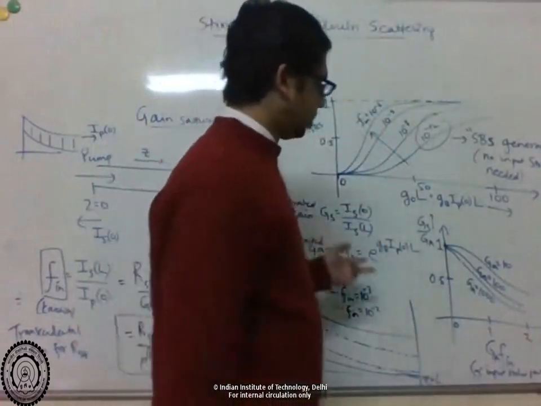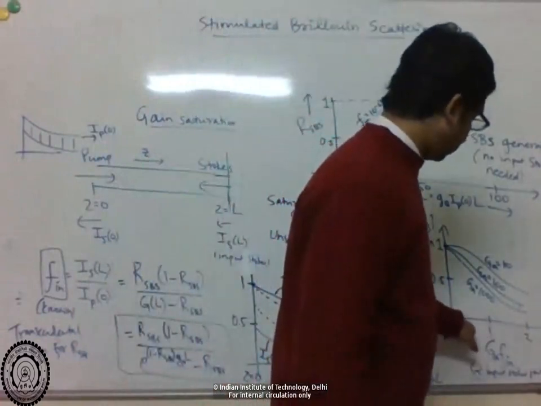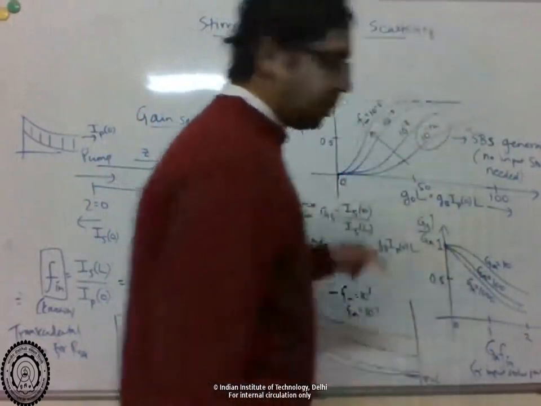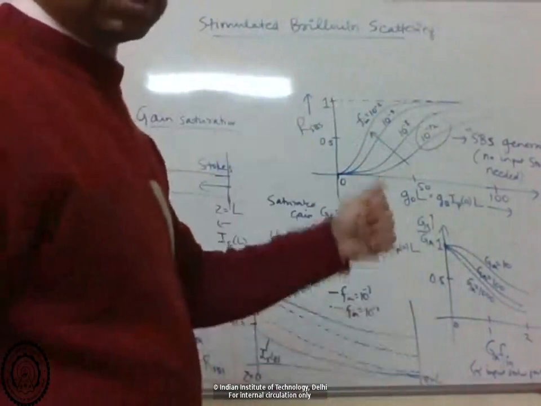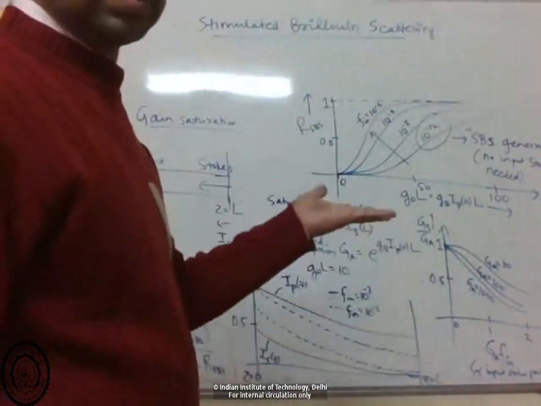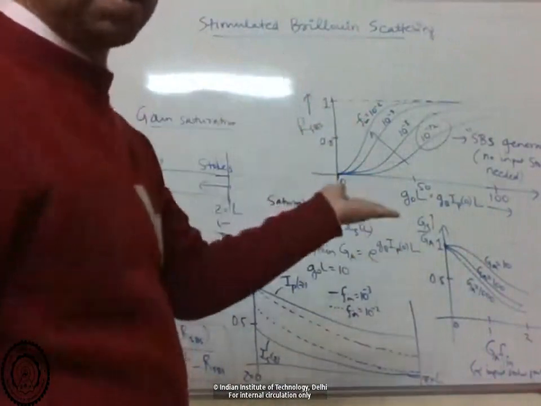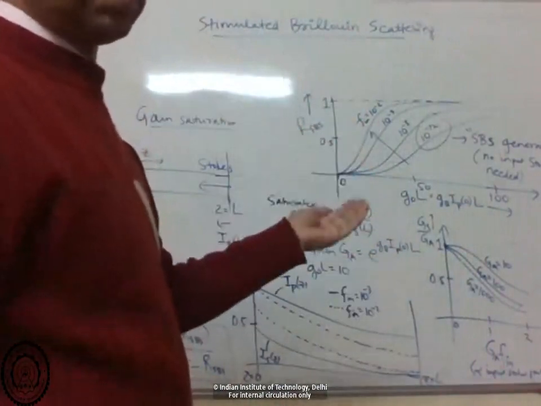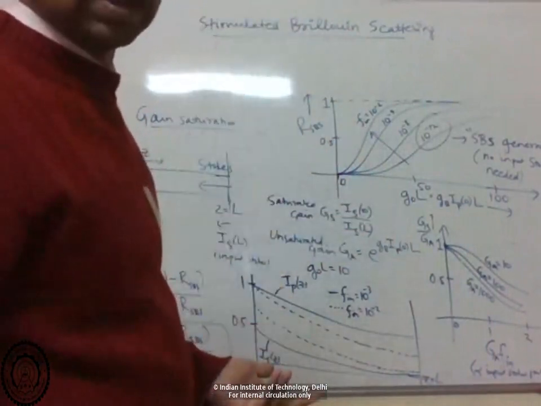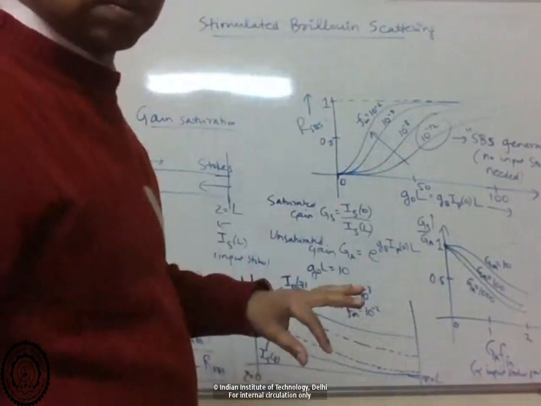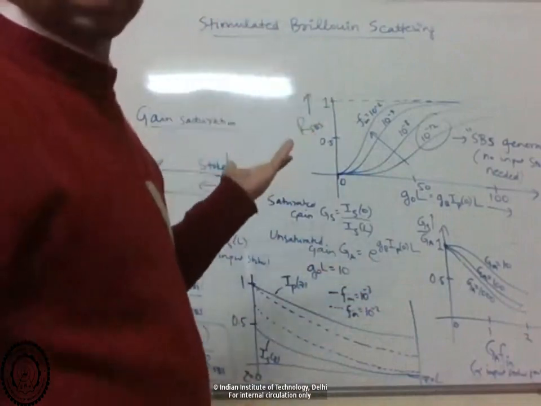Right? So in this case, as I'm increasing my input, because my input pump power is fixed, as I increase my input Stokes, for the same gain, the output Stokes keeps increasing, but at some point it becomes comparable to my input pump. So now if I keep increasing my input Stokes, the output Stokes can't keep increasing by the same factor. So the gain has to go down because my output is clamped by the input pump.